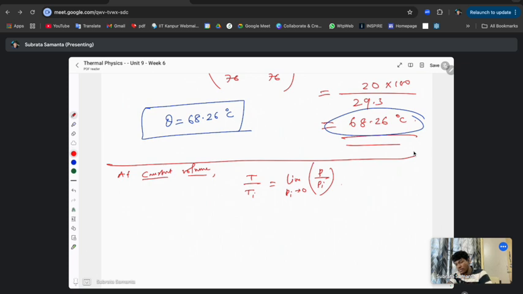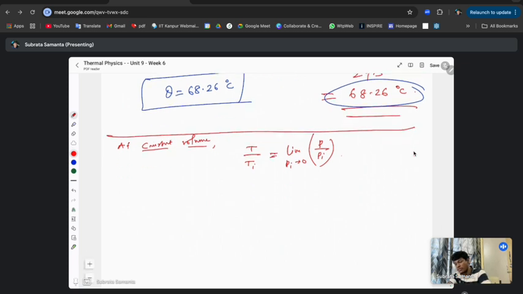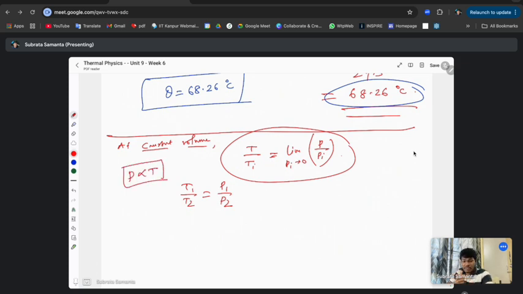So this is a very correct way to write it, and this is basically T1 over T2 equals P1 over P2. At very high temperature and low pressure, your P is proportional to T. It behaves like an ideal gas at constant volume.